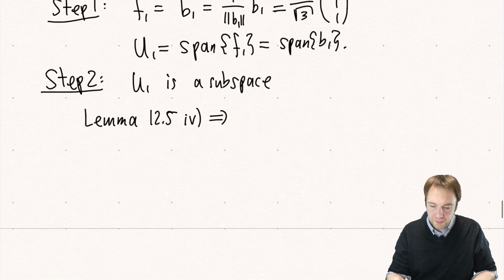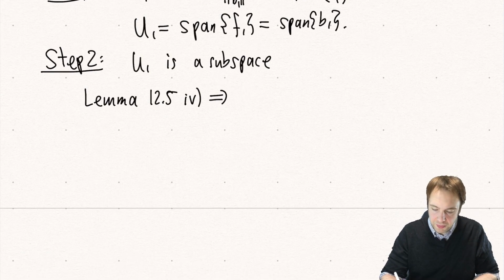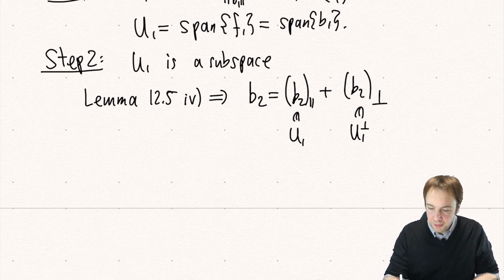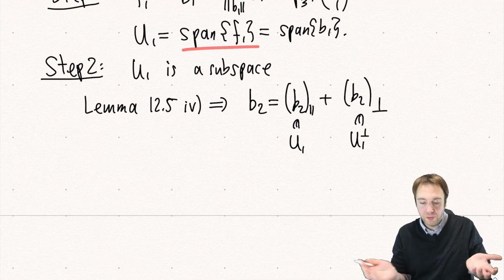So the statement is that B2 can be written as B2 parallel, which will be an element in U1, plus B2 orthogonal. So this here is in U1 orthogonal, meaning in this case it's just orthogonal to F1.